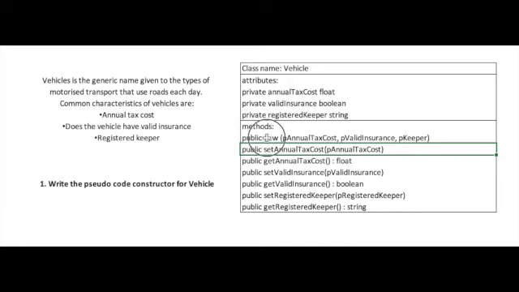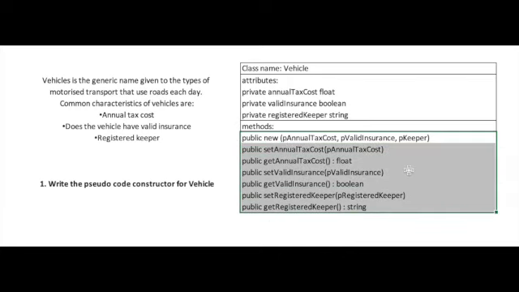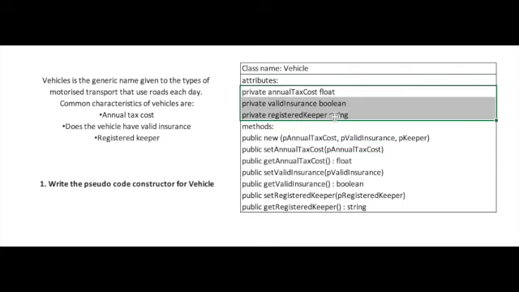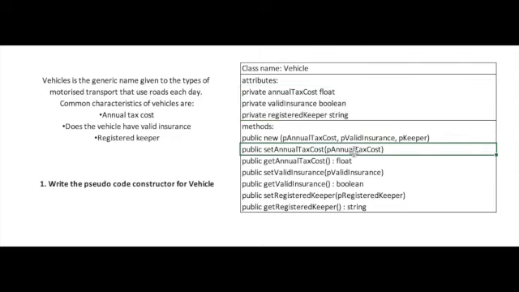Notice that the methods are public. That means these are accessible inside and outside of the object when it is created. Fields are encapsulated as private and can only be accessed through the setter methods, such as set annual tax cost, or the accessor methods, such as get annual tax cost.